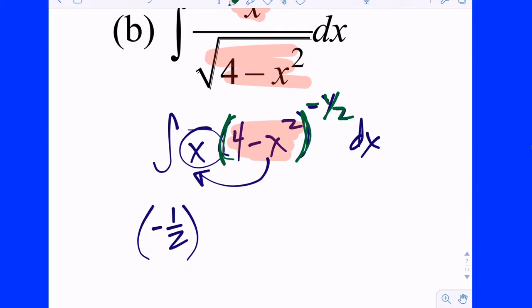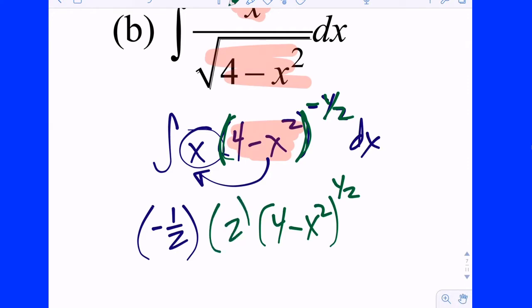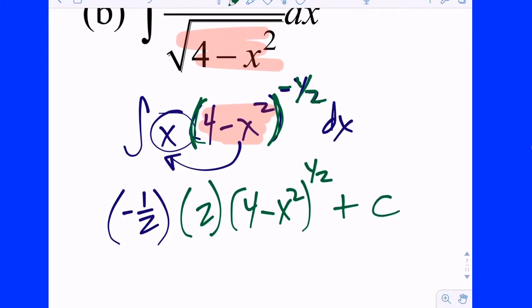That's like u to the negative 1/2. So the antiderivative by the power rule would be blob to the negative 1/2 plus 1, which is, bless you, positive 1/2. And then, of course, instead of dividing by 1/2, we will instead multiply by 2. And then put plus c, and we're done.